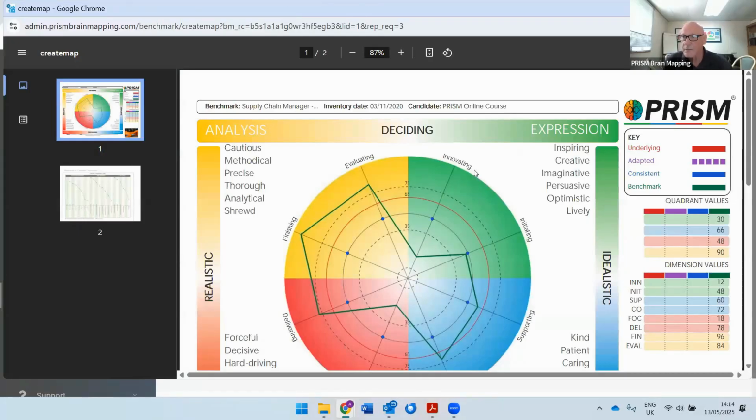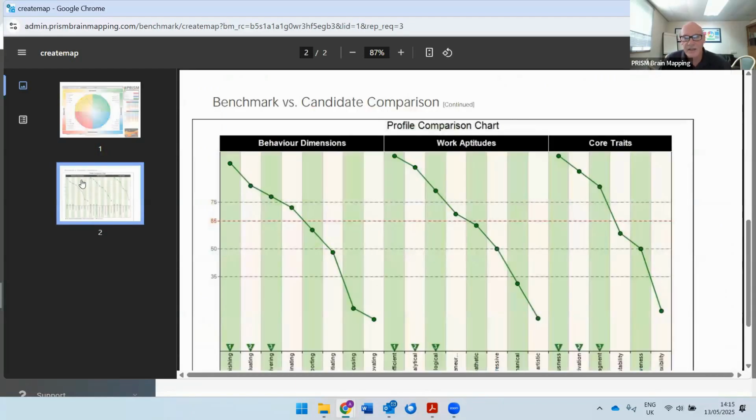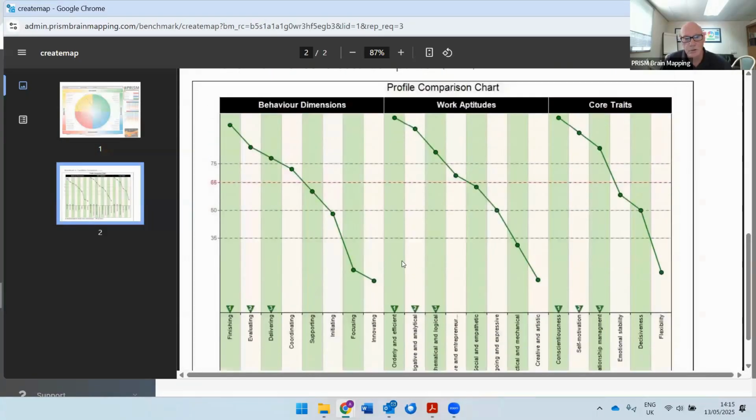So as you would suspect from the benchmark planner, a high level of gold, followed by delivering, very little green, both in initiating and innovating, a medium level of blue, and no focusing at all. So that's what's come out from the benchmark planner. And then looking at that in tabular form, both for the behaviors and the work aptitudes and core traits. And you can see in the tabular form, you have the critical factors, which are the top three highlighted.